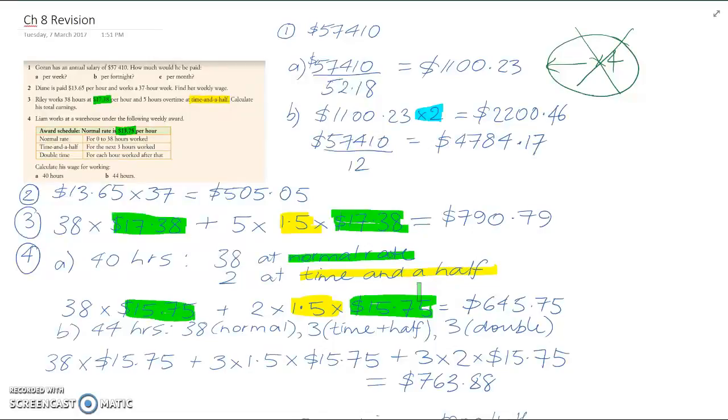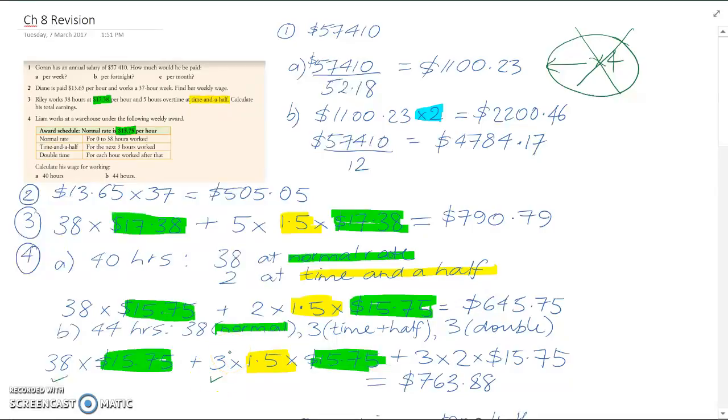Part B, 44 hours. Once again, 38 are normal. Every time I see normal, I'll just be timesing by the normal pay rate. And here's the normal pay rate, which is going to be times by 1.5. Why? Because there's another 3 hours that are at time and a half. So we've got the 38 hours, we've got the 3 hours.